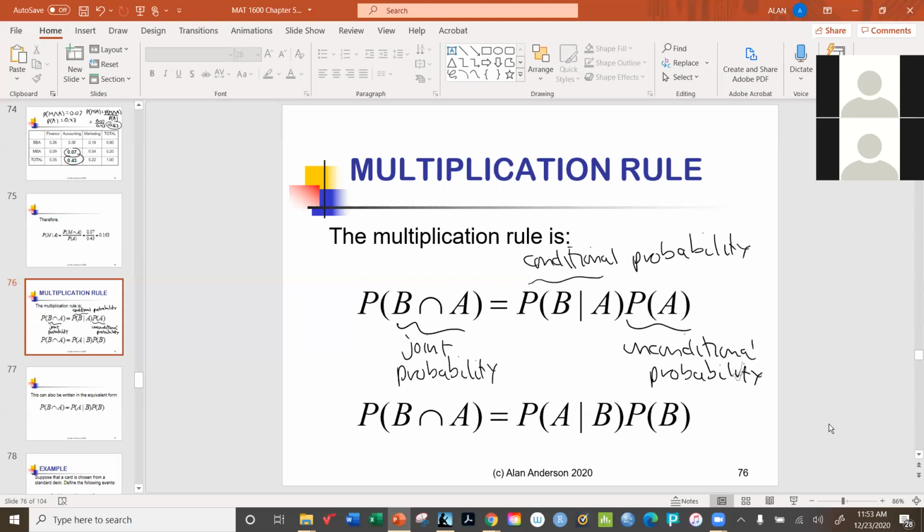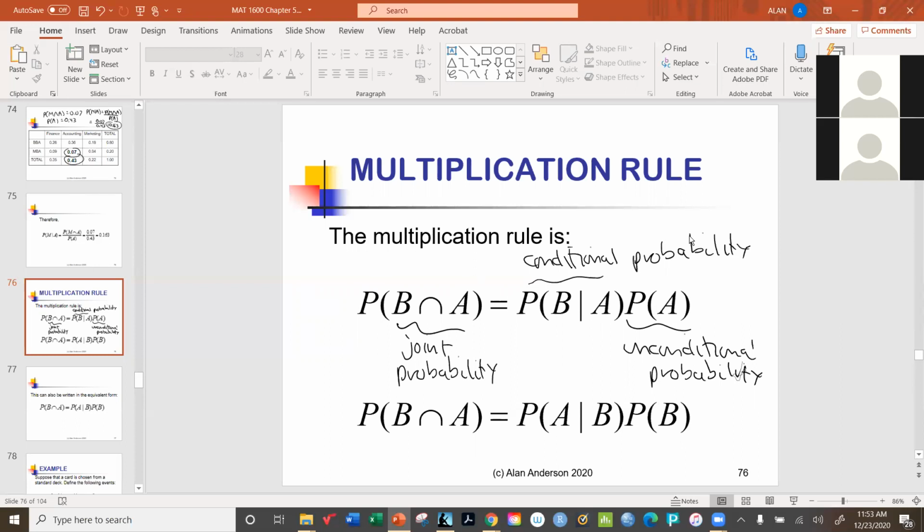So I'll give you a minute to catch up. And by the way, when you look at this carefully, you'll see what's different in these 2 cases is what information you're given.